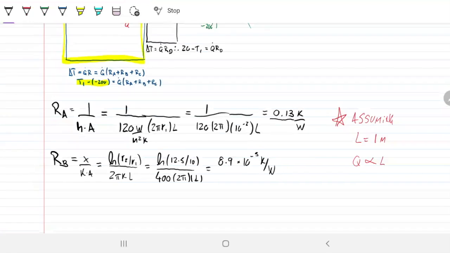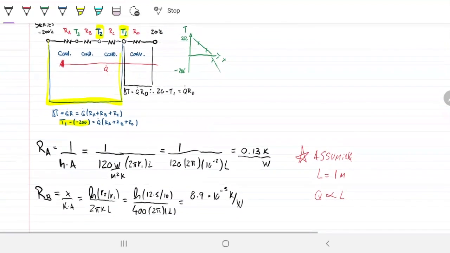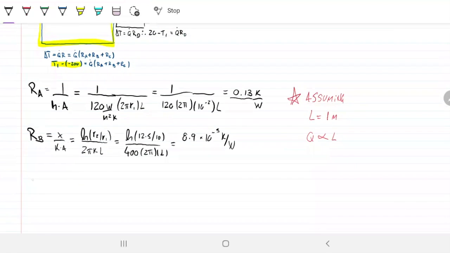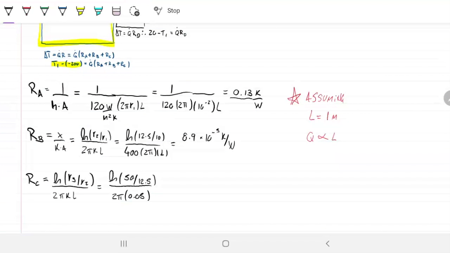Next one is RC, and RC is also conductive, and the conduction is on the insulator. So natural log of R3 over R2 divided by 2 pi KL. So this will be 50 divided by 12.5, divided by 2 pi, 0.05, the conductivity for the insulator, and 1, which is our length.